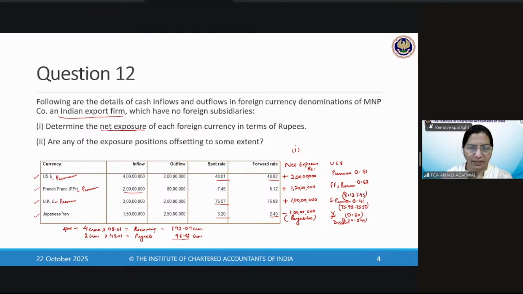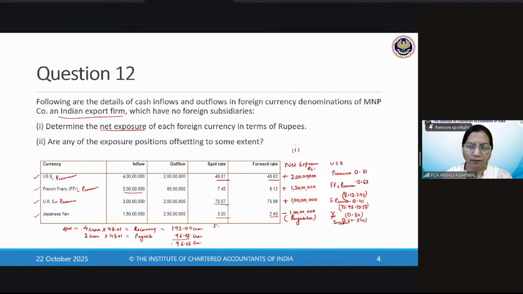Okay. So 192.04 minus 96.02, ultimately, you will be receiving 96.02. So instead of calculating how much is receivables, how much is payables, because you have 4 crores inflow, 2 crores outflow, we could have directly calculated net inflow is 2 crores and the receivable amount in the spot market is 2 crores into 48.01. You would have got the same answer, right?